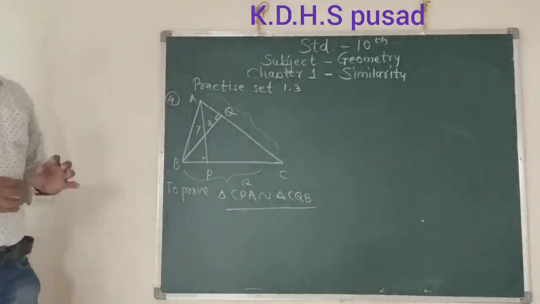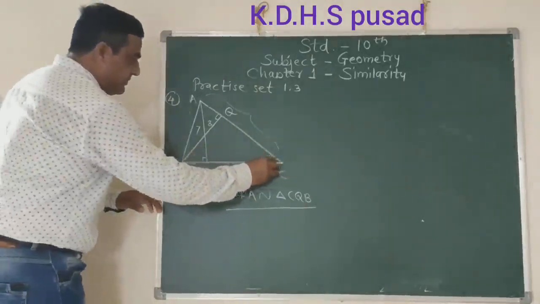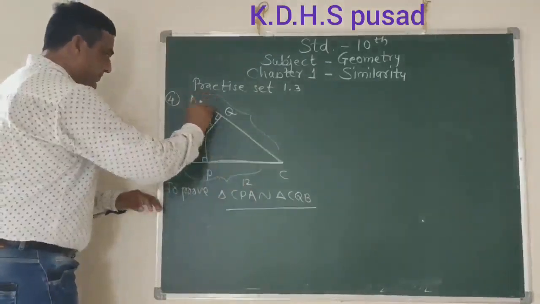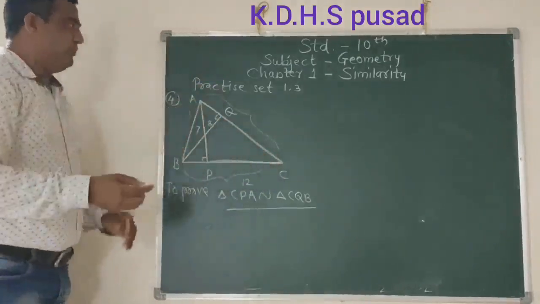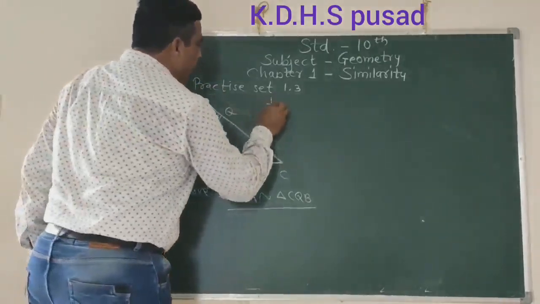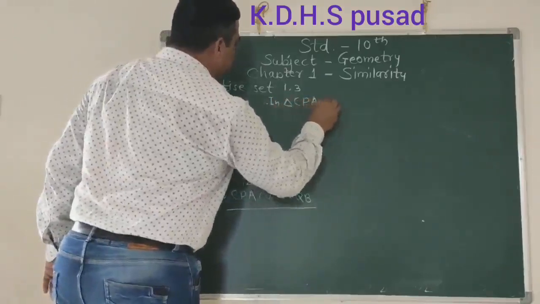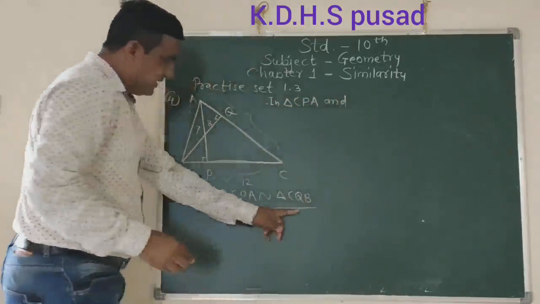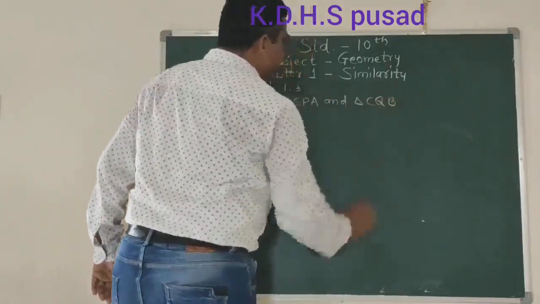First of all, whatever you want to prove, triangle CPA, that is the first triangle. Now, how to prove? First of all, you have to write the names of these two triangles: triangle CPA and the second triangle, that is CQB.